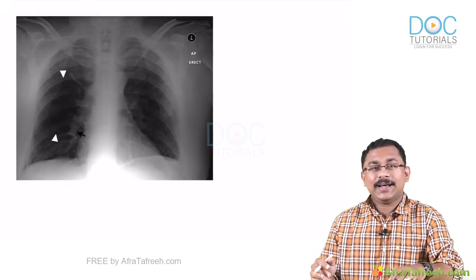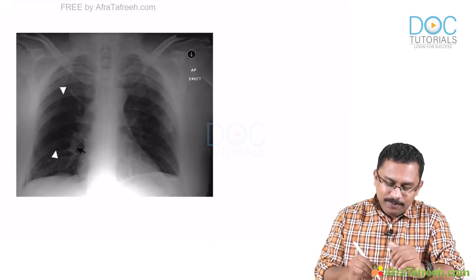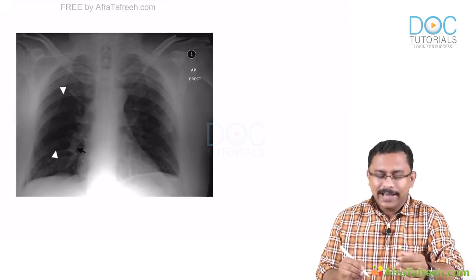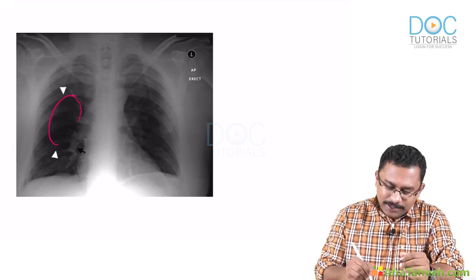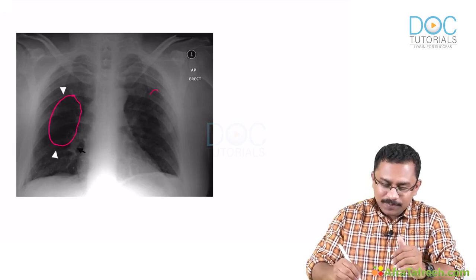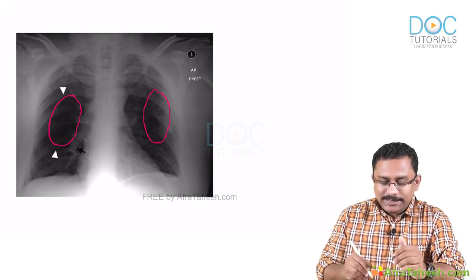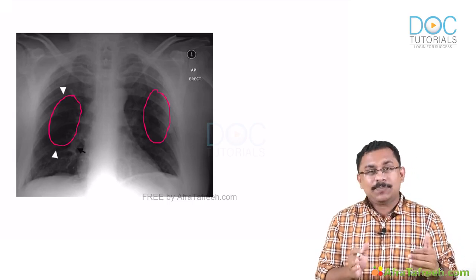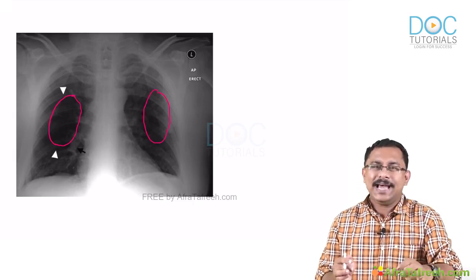Now another finding. In this particular X-ray there are two findings. Are you able to demonstrate that in between the two white arrowheads, compared to the other lung fields, the bronchovascular markings are less prominent here on the right side? Since the bronchovascular markings are less prominent on the right side, it's probably a focal oligemia that has happened there.